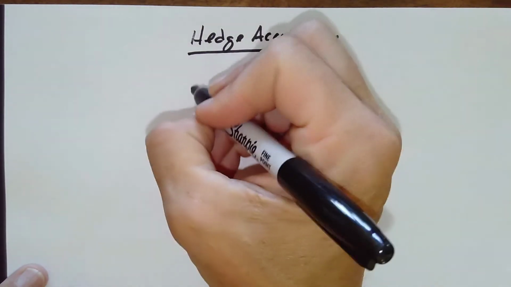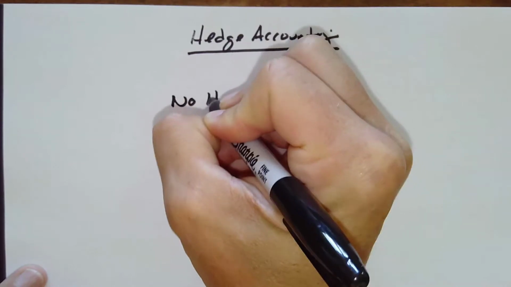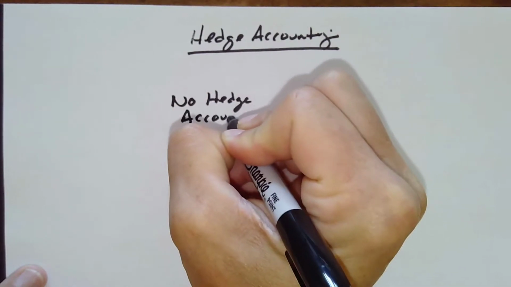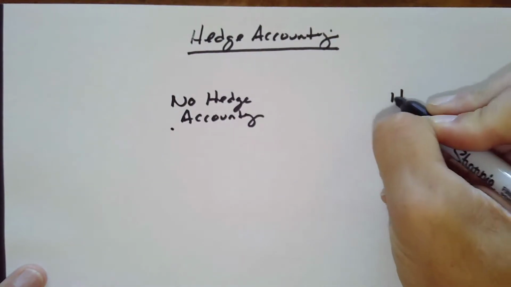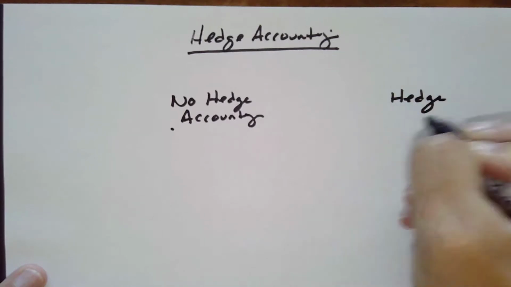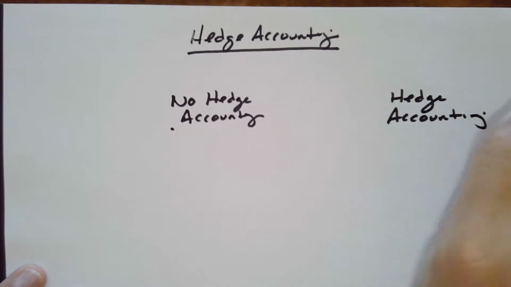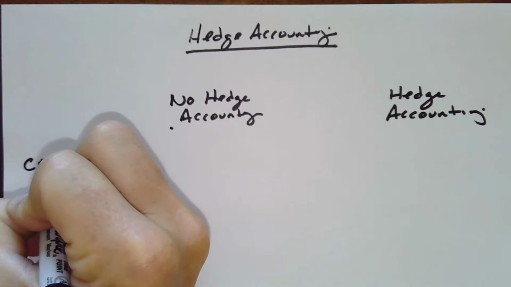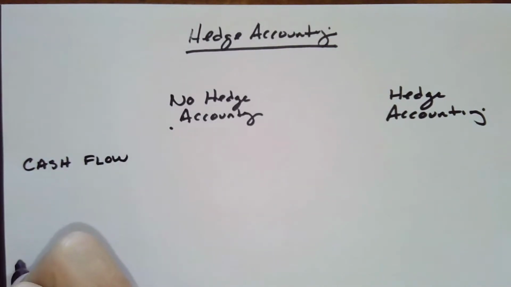So we've got no hedge accounting. And we've got hedge accounting. We've got our cash flow hedge. We've got our fair value hedge.